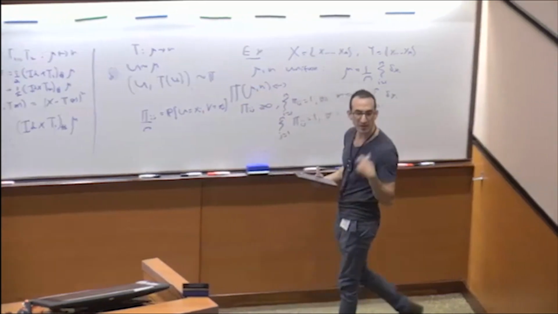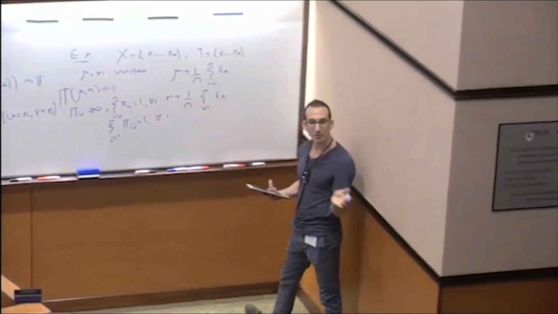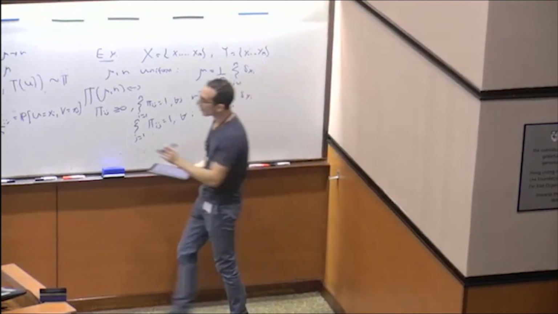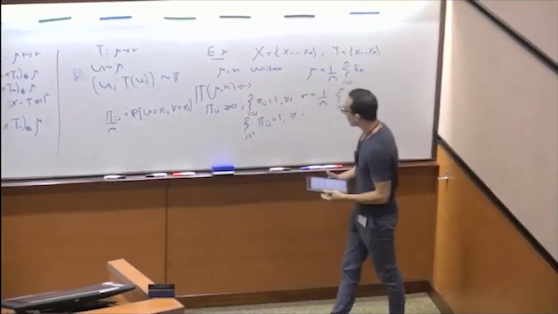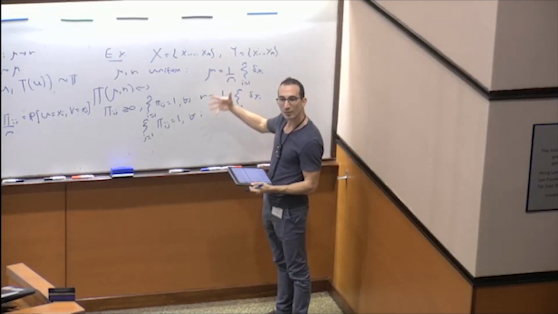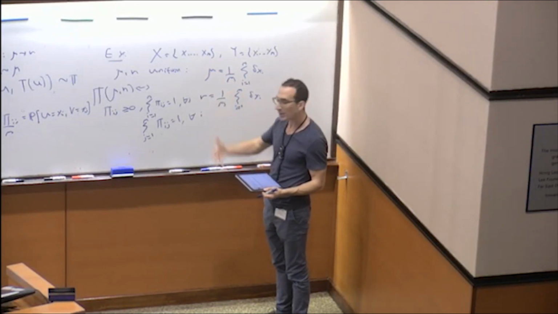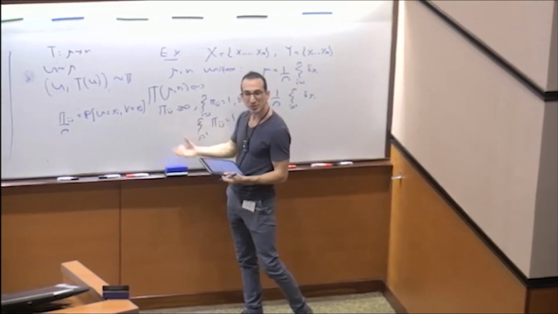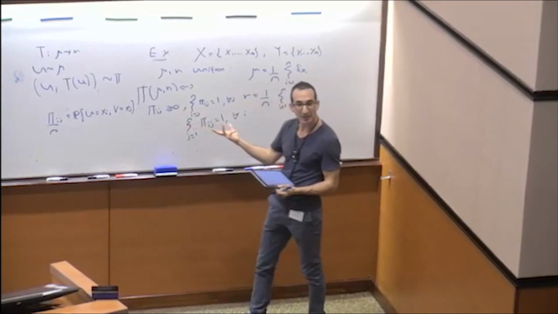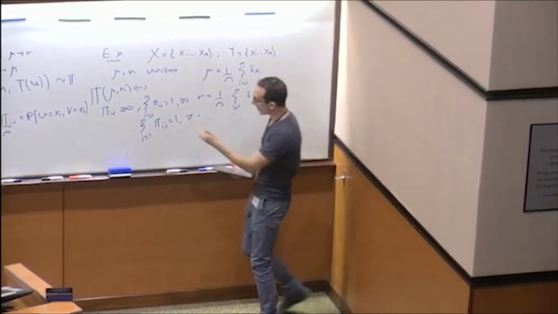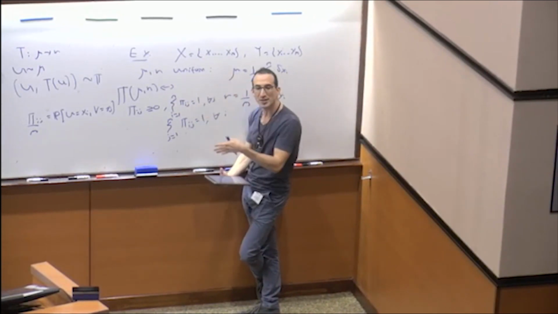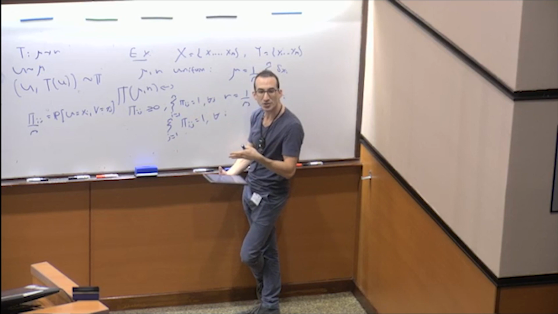Again, u is uniformly sampled on x1 to xm, and v is uniformly sampled on y1 to ym. So if you want to describe completely the joint law of these two uniform random variables, you can just specify it by choosing a matrix, which is going to be an m by m matrix. The entries are always non-negative because they're supposed to be probabilities, because it's a distribution. Why is it that for each row and for each column they sum up to 1? What are we capturing by that?